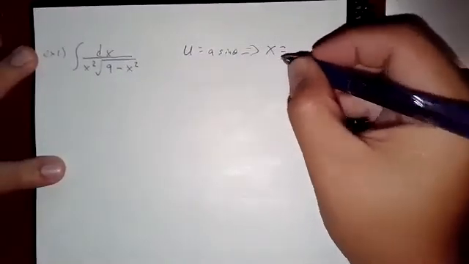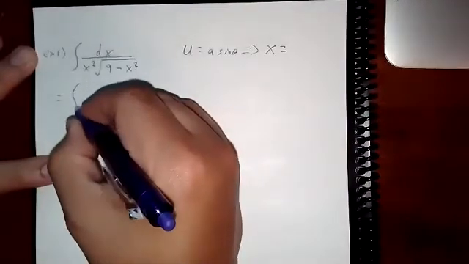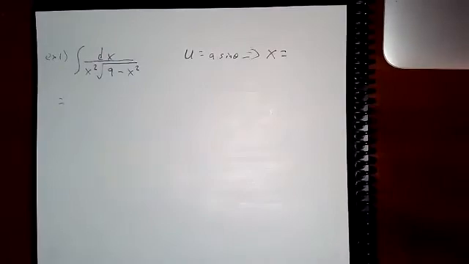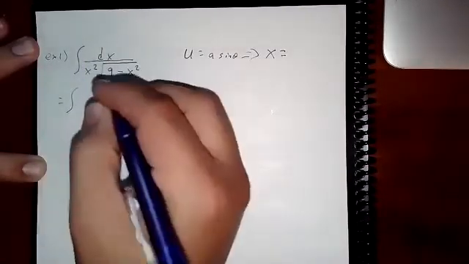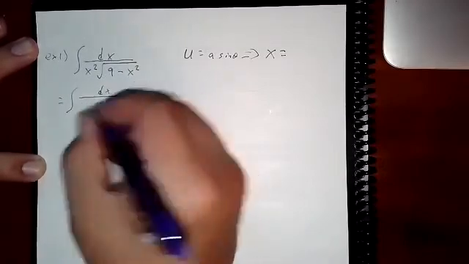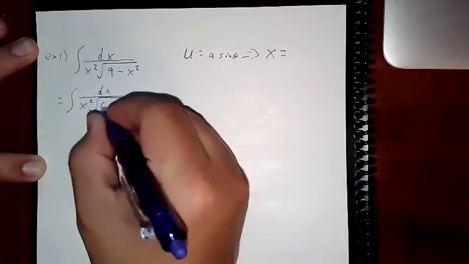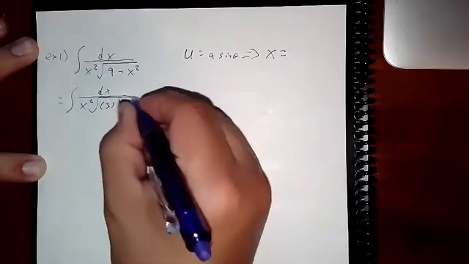If we rewrite this question, we would have dx over x squared square root of 3 squared minus x squared.